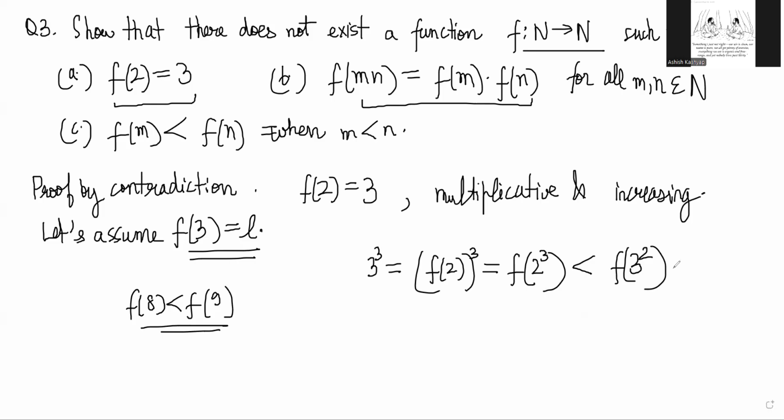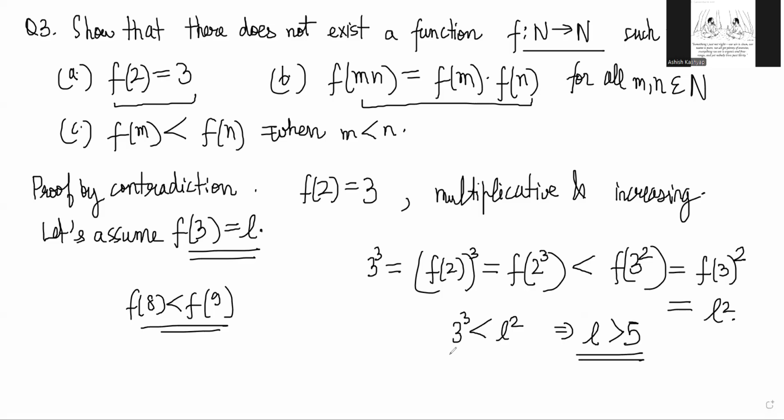Therefore, we can say this, and this is equal to what? This is equal to f of 3 square by the multiplicative condition, which is L square. So we are getting a simple condition that 3 cube is less than L square, which implies that L is greater than 5, because 27 is less than L square. We are getting L is greater than 5.